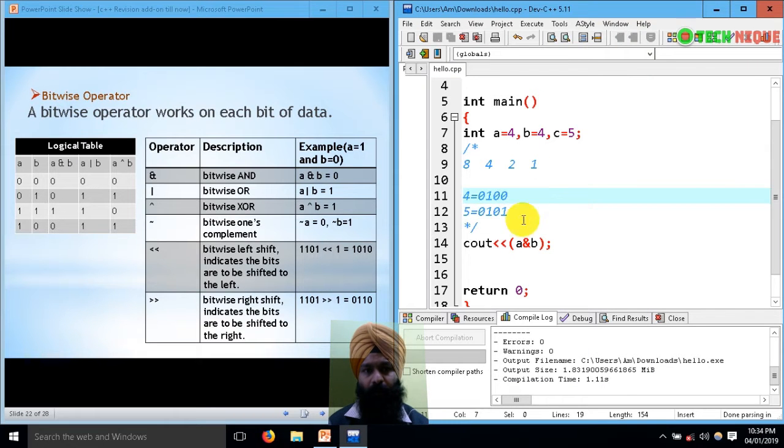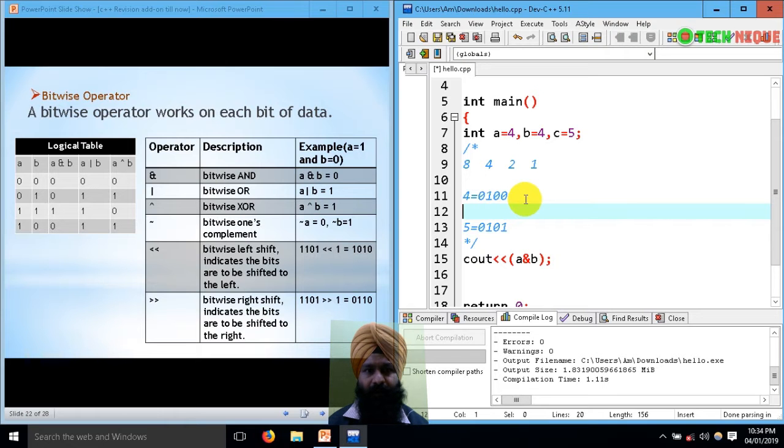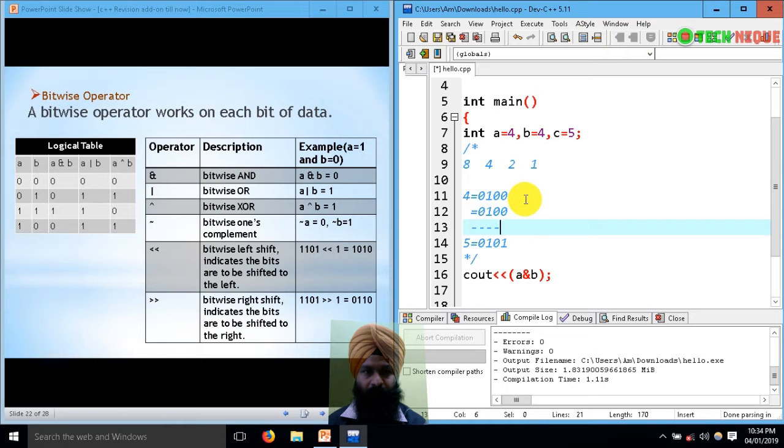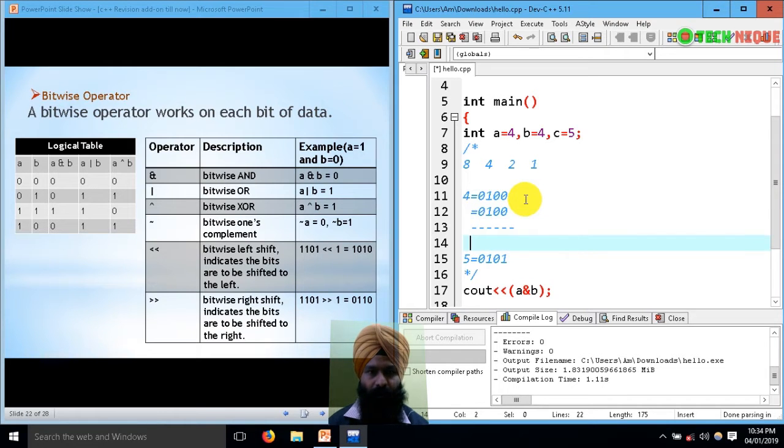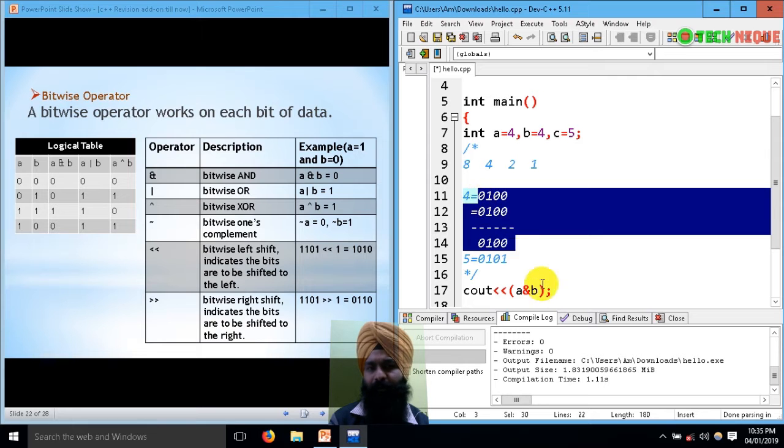What I did was a binary AND: 0 and 0 is 0, 0 and 0 again gives 0, 1 and 1 is again true, and 0 and 0 is 0, so it's again equivalent to 4. That's why we are having a 4.